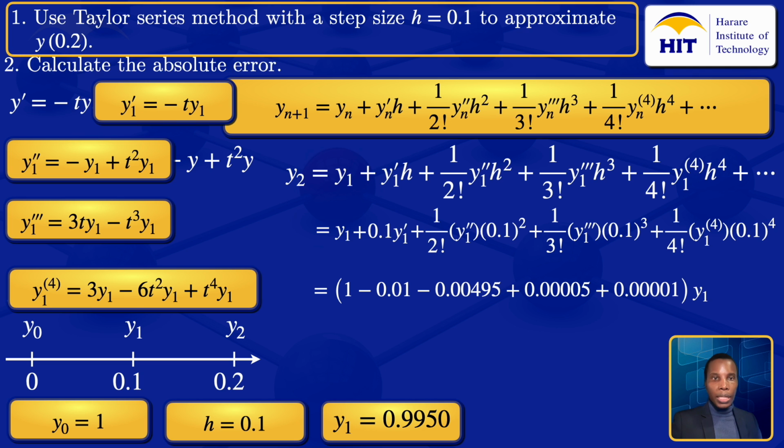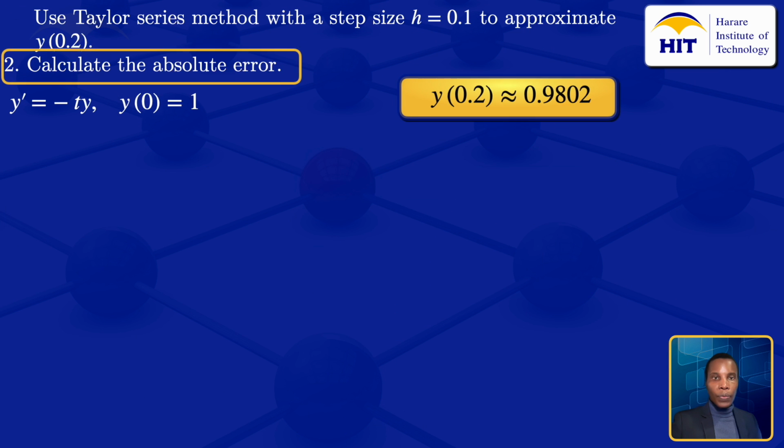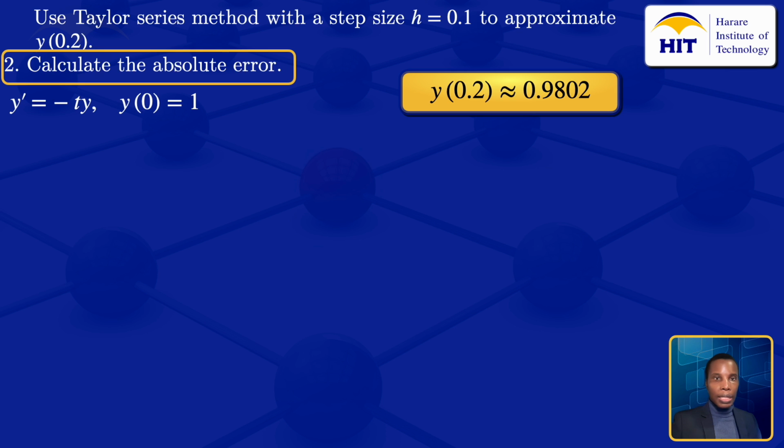And when we simplify that, it will give us that our y2 is equal to 0.9802. So what we are having here is, using Taylor's method, the value of y at 0.2 is approximately equal to 0.9802. So what we have found there is the approximate value of that differential equation at 0.2.